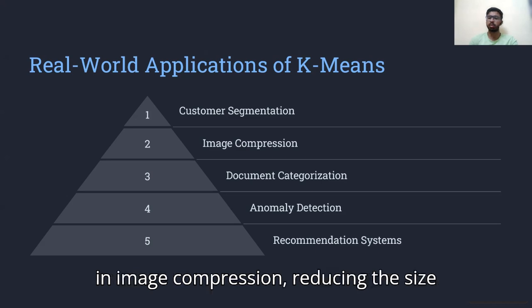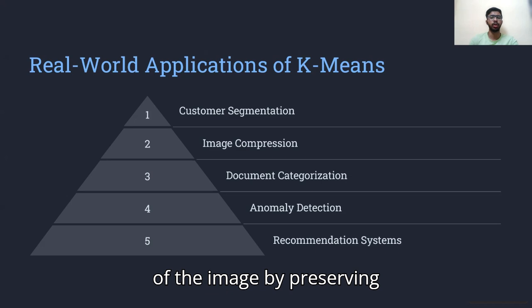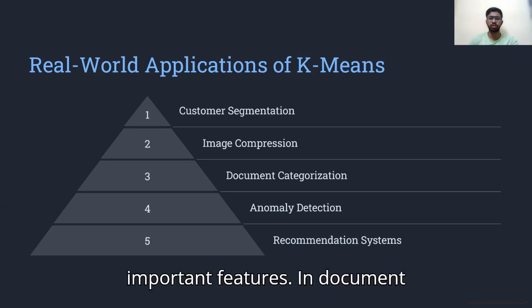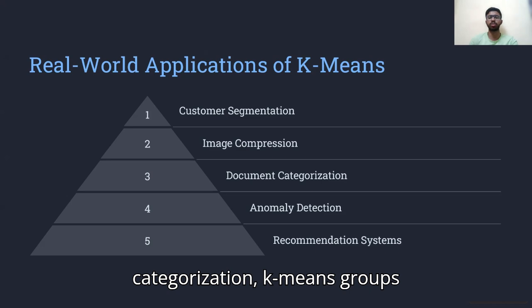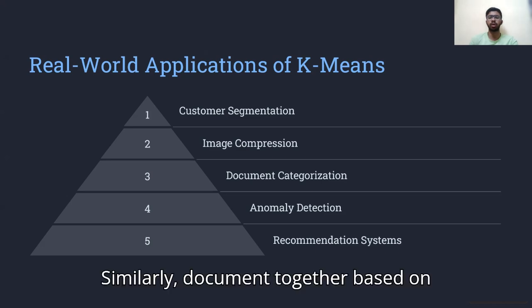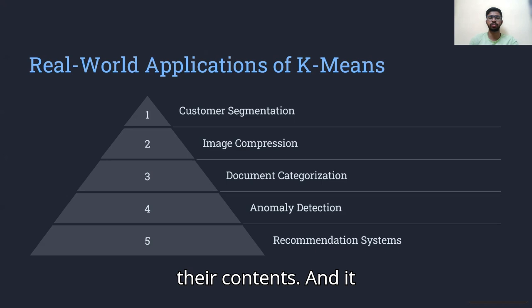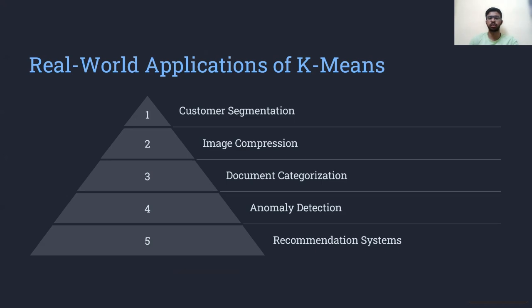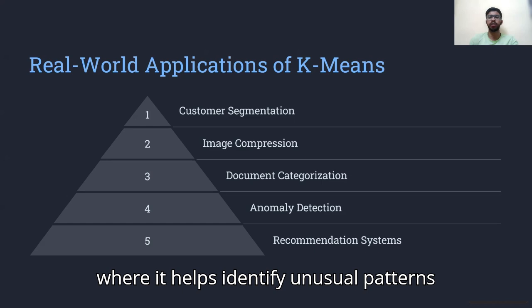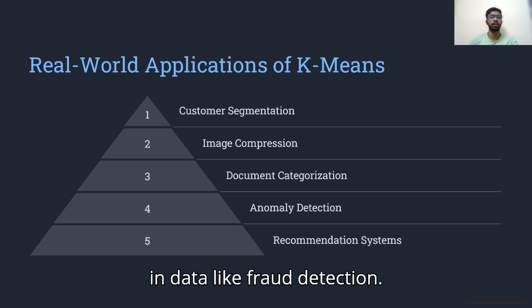K-means is also used in image compression, reducing the size of an image while preserving important features. In document categorization, k-means groups similar documents together based on their contents. And it is used for anomaly detection, where it helps identify unusual patterns in data, like fraud detection.